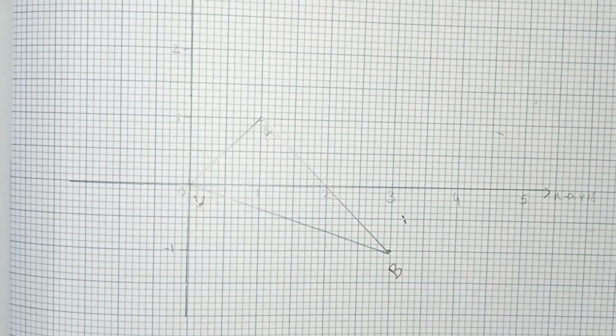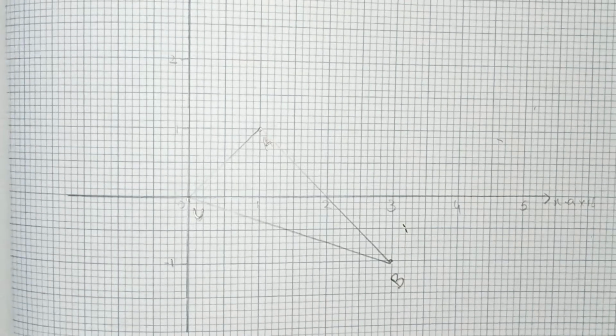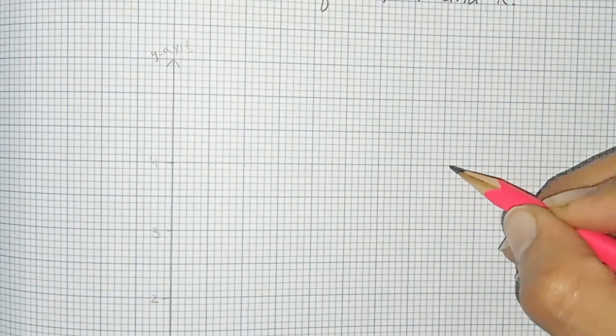Now students, this is the triangle ABC, and we have to enlarge it with the center of enlargement E, (4, 4). This is the center of enlargement, (4, 4).